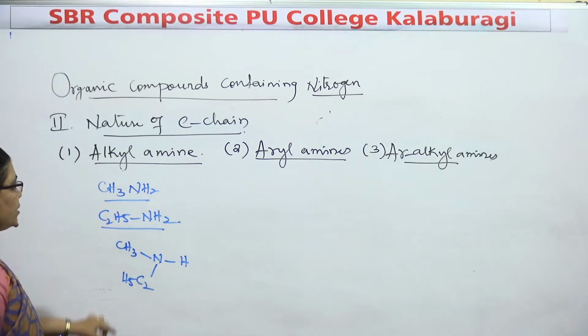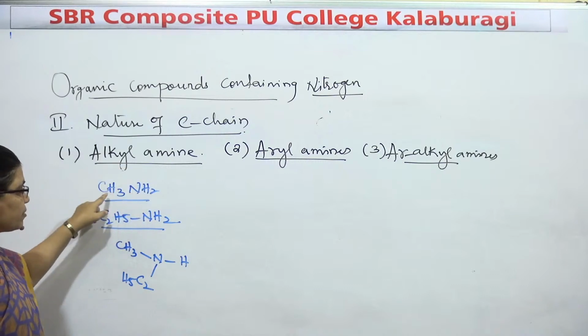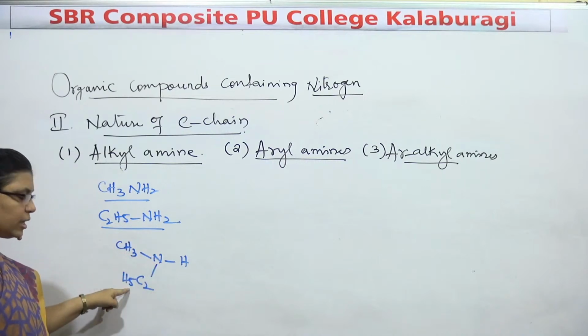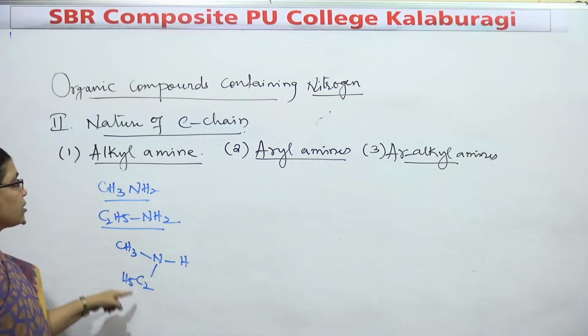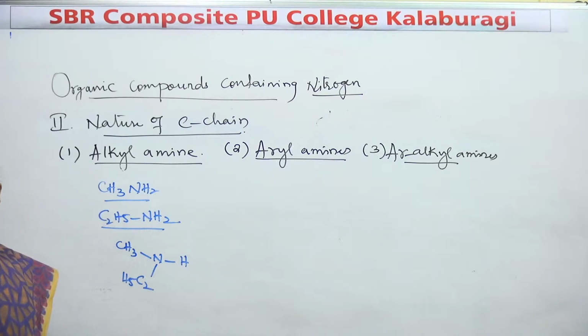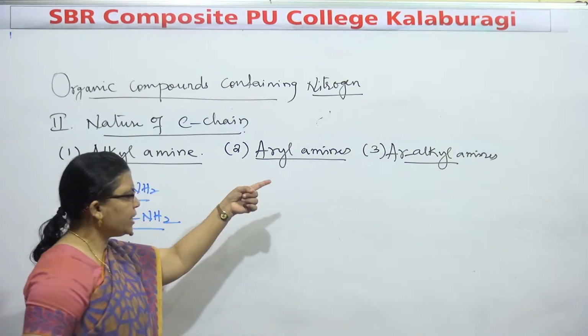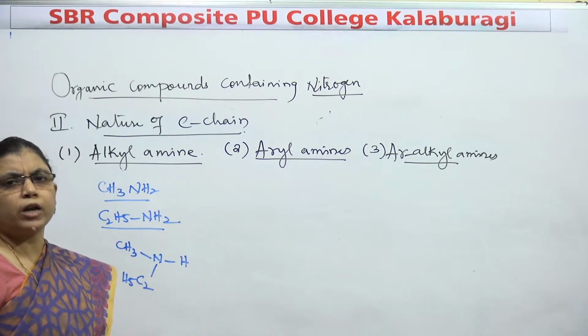So we can say that whenever the nitrogen atom is directly linked to alkyl group, maybe primary, maybe secondary, maybe tertiary, they are called as alkylamine. Whereas in case of arylamine, the aromatic ring is directly linked to nitrogen.